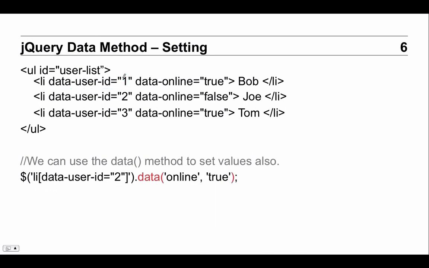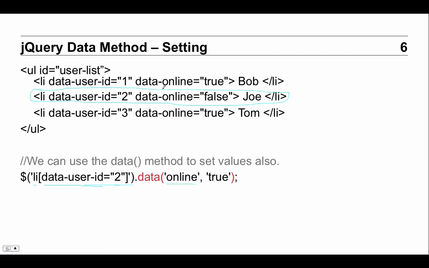Now, in addition to getting, we can also set values using the data method. So here we start off by selecting a list item that has a data-user ID attribute that matches 2. So this time we're selecting specifically just this second list item here. Okay, and then we're calling the data method on it, and we are going to look for the data attribute of online.